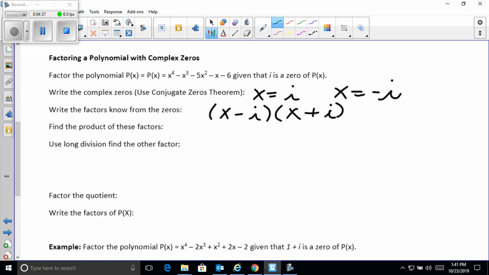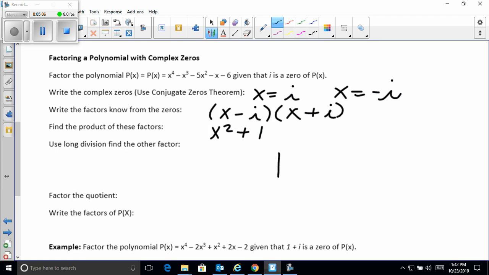Because we want to find the other factors, we need to divide our polynomial by this. But to do that, we want to multiply it together, so we're not dividing by a product. So this is going to be x squared minus ix plus ix, then plus 1, because i times i is i squared. I squared is a negative 1, and we're going to minus a negative 1.